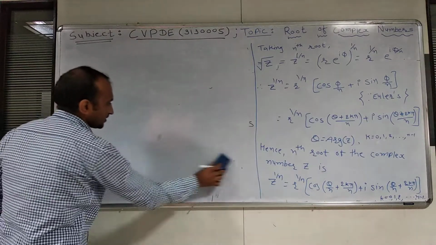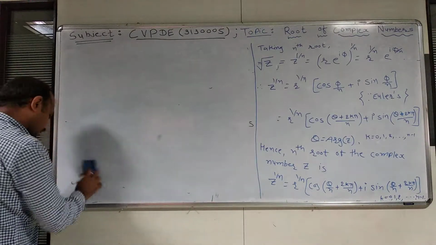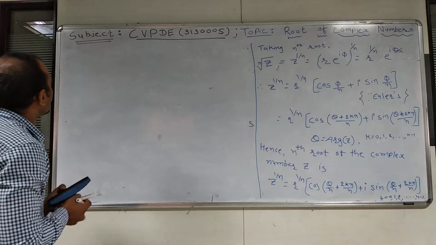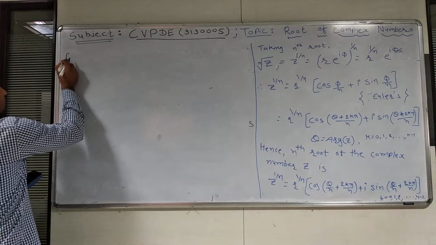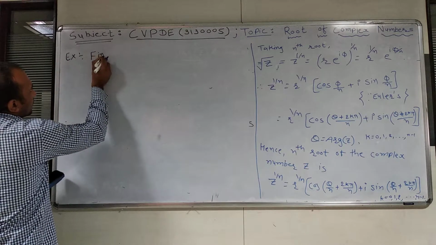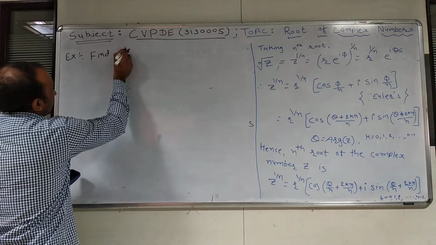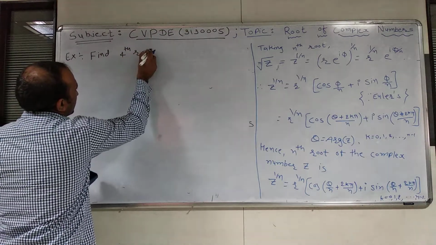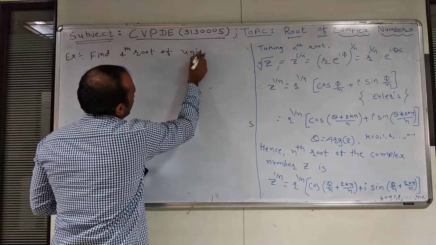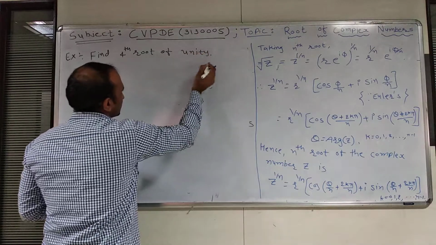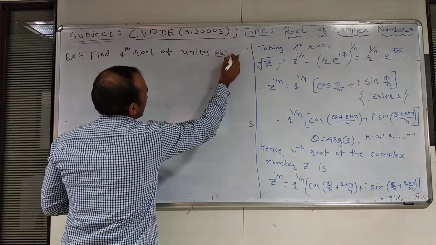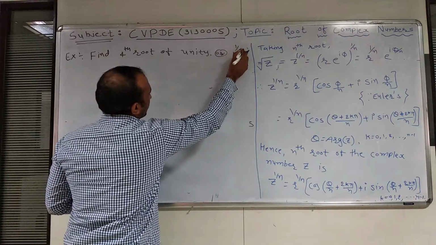The example is: find the fourth root of unity, which is nothing but 1 raised to 1 upon 4.